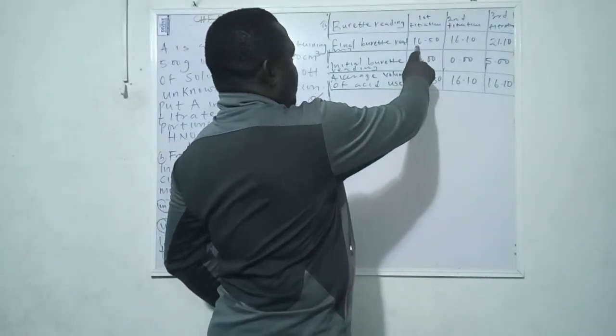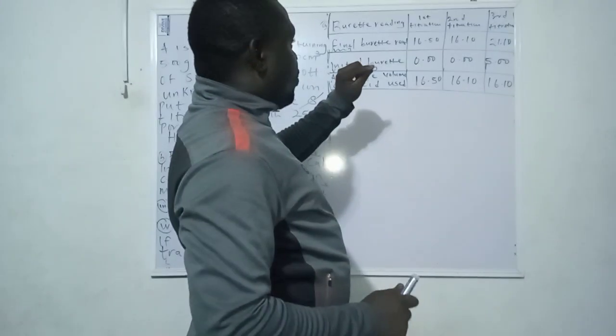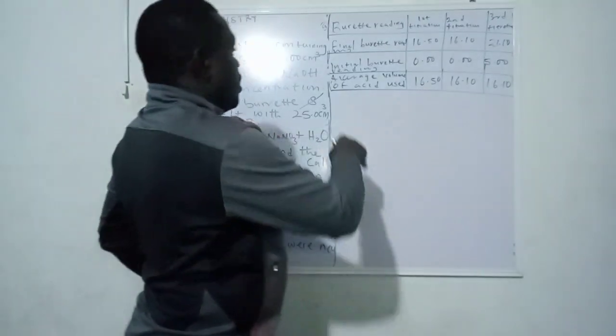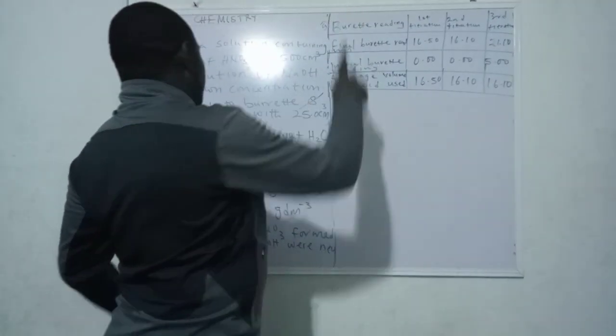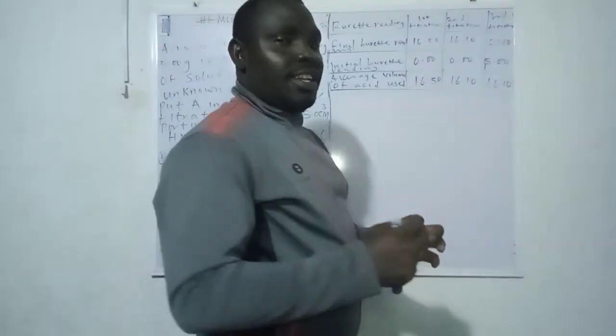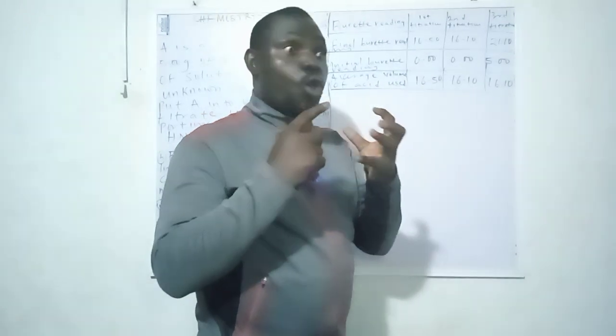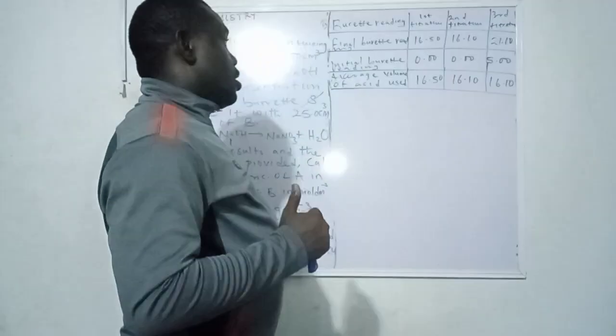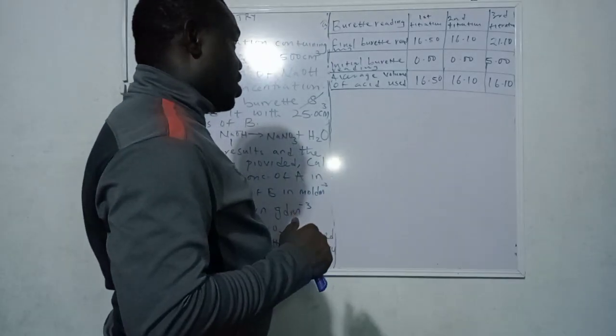Here we have 16.0. Now let me say this quickly. The acid is put in the burette. The base is put in the pipette. Some people will suck it like this, and please be careful you don't suck the base into your system.